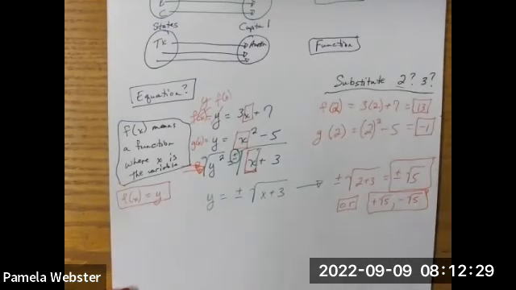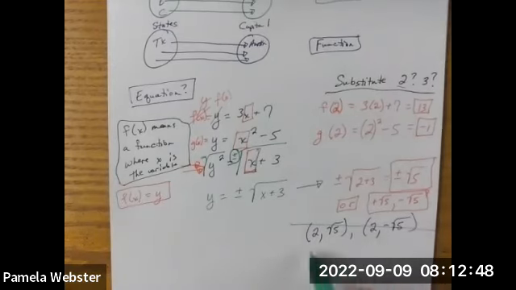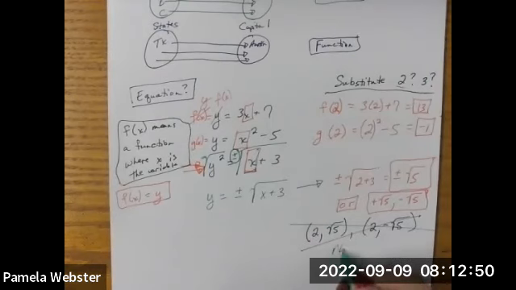So what this is telling me as an ordered pair is when I put in 2, I got out the square root of 5. And when I put in 2, I got out the negative square root of 5. That's a problem, right? I can't have that. I'm going to exit out. That's a problem, not a function.